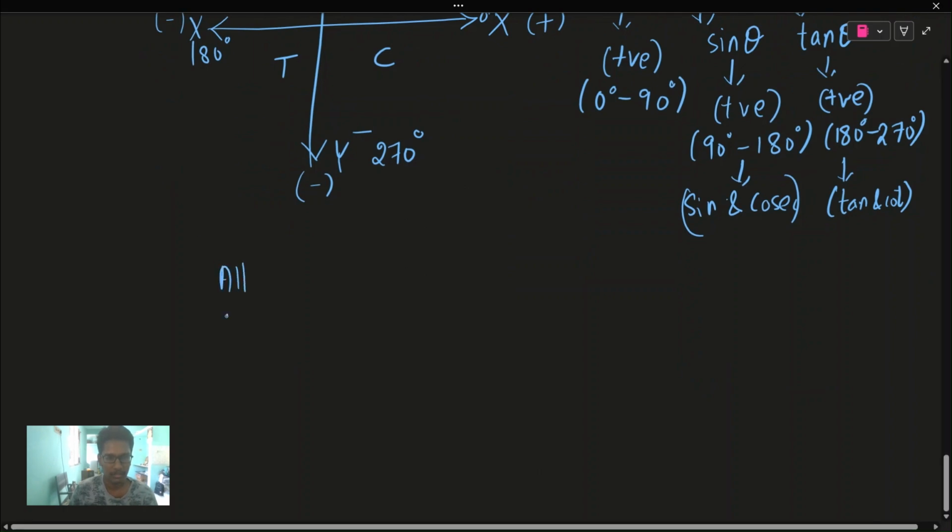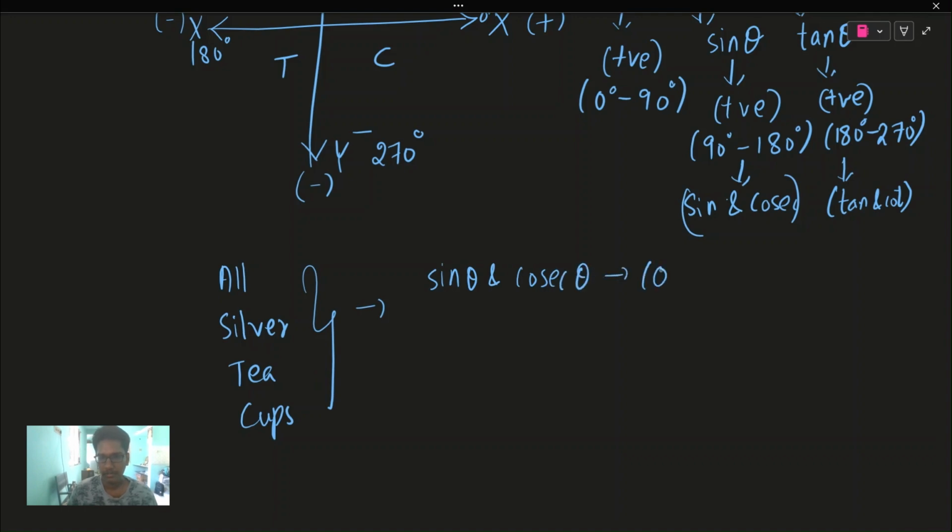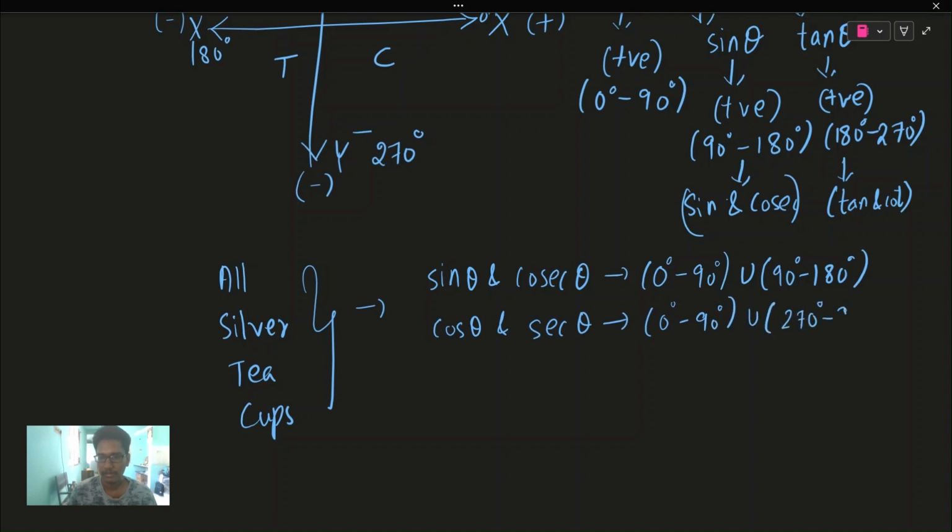All Silver Tea Cups. Sine and cosecant: 0 to 90 union 90 to 180 degree. Cos theta and secant theta: 0 to 90 degree union 270 to 360.